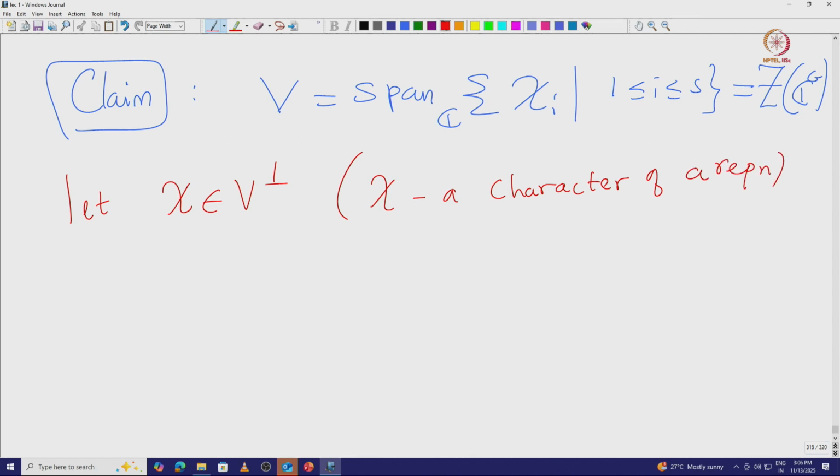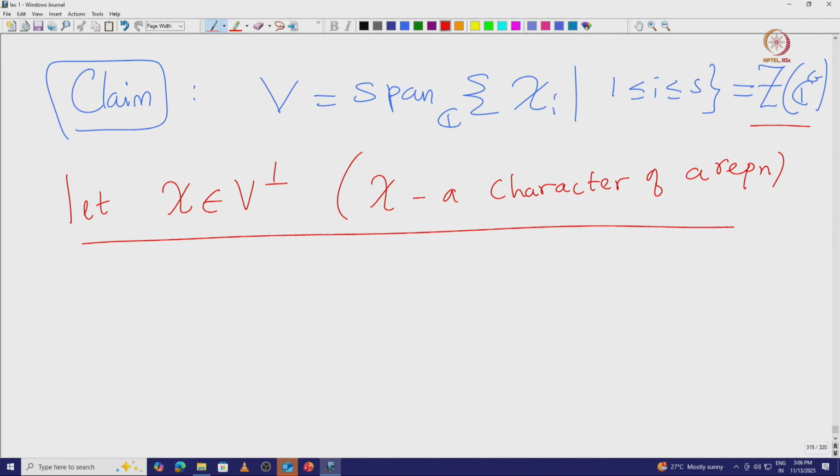I am just doing this special case to demonstrate it is easy to prove for the characters that come from representations. But note that the general elements in this space of class functions are merely class functions. They take constant value on the conjugacy classes, that is the only condition we have. But here I am just doing the proof for some element that is a character of a representation.